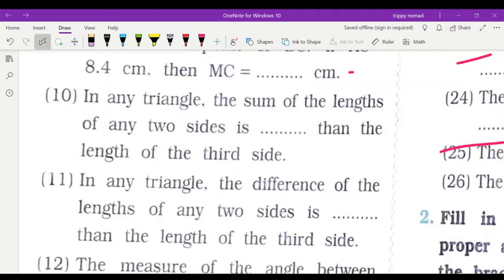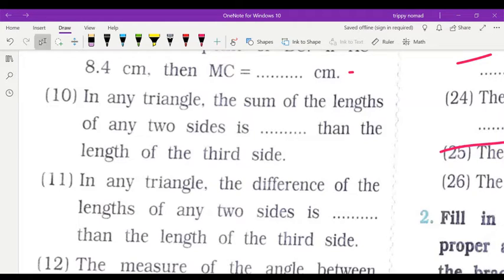Now we are going to start question number 10, which is on the basis of triangle. What is the definition of triangle? A three-sided closed figure is called a triangle.